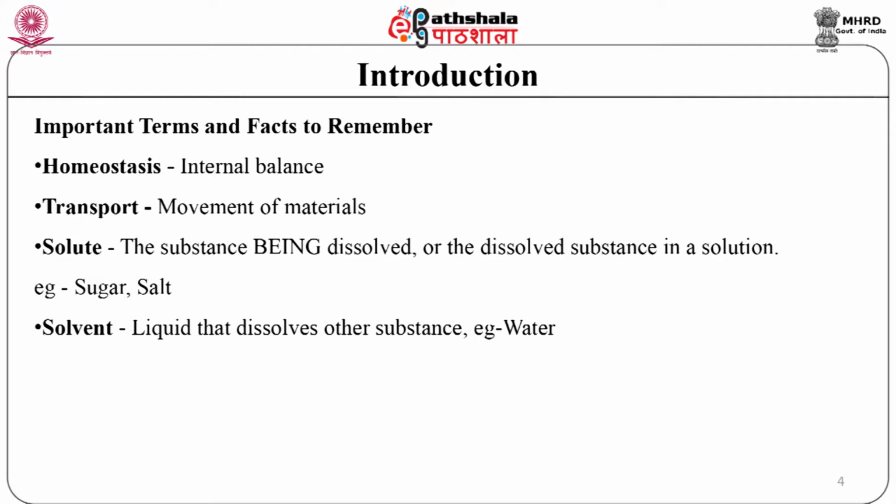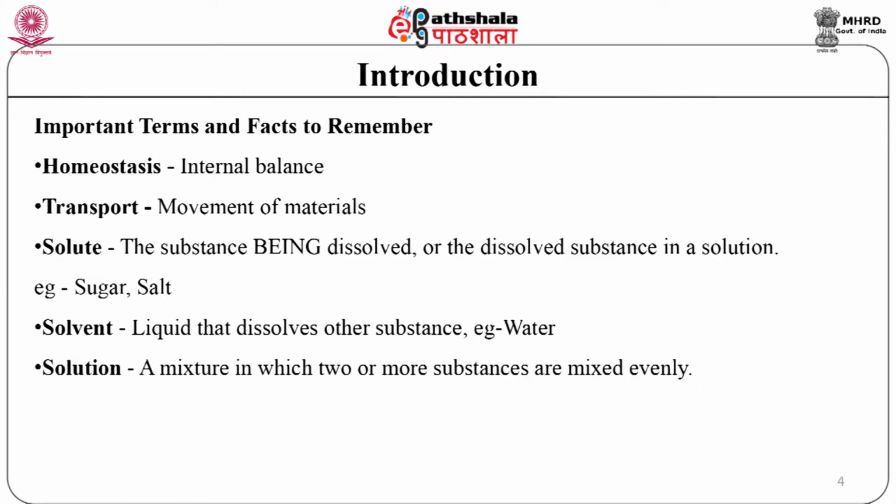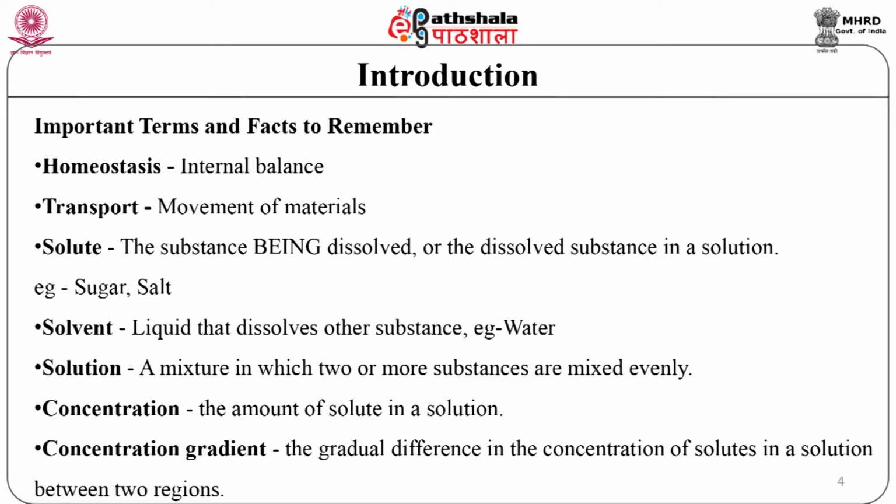For example, water. Solution, a mixture in which two or more substances are mixed evenly. Concentration, the amount of solute in a solution. Concentration gradient, the gradual difference in the concentration of solutes in a solution between two regions.